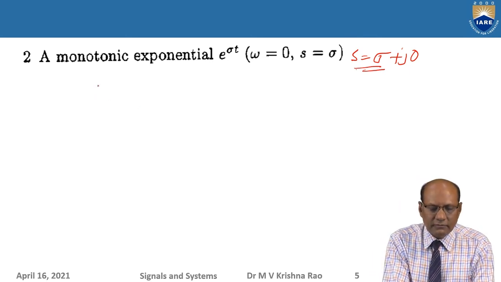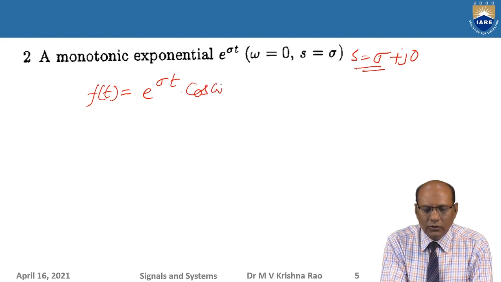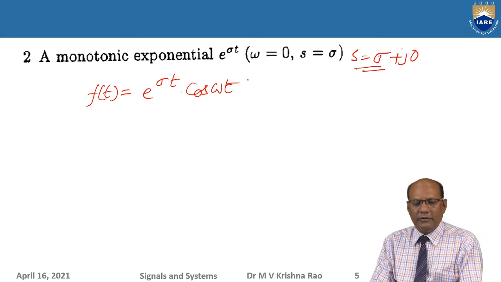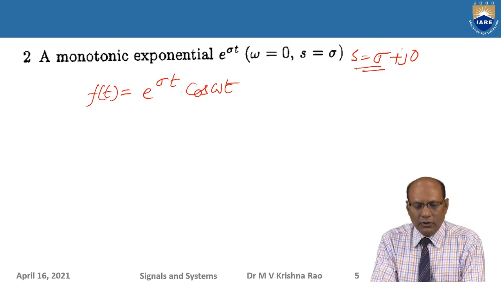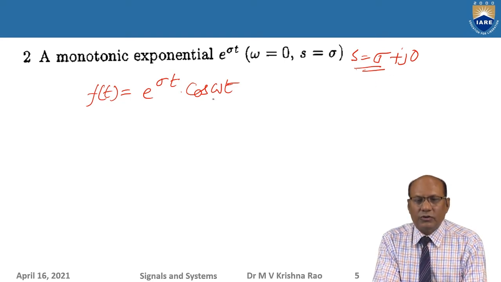Now what will you get? What is our function? E to the power of sigma t cos omega t. This is what we have taken previously. Now, what I am doing? I am making omega equal to 0 in this.